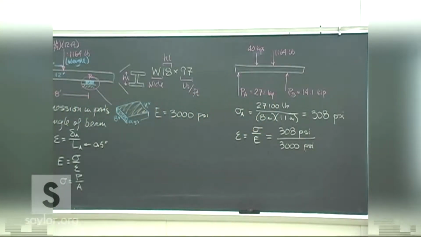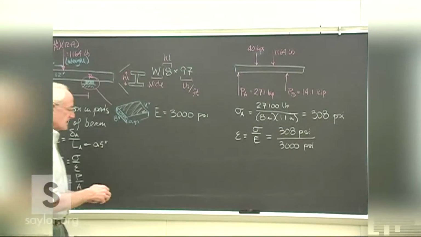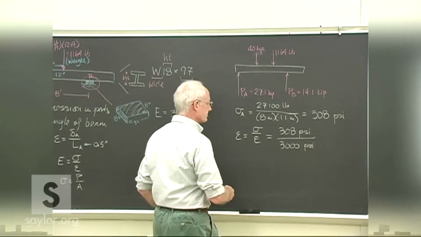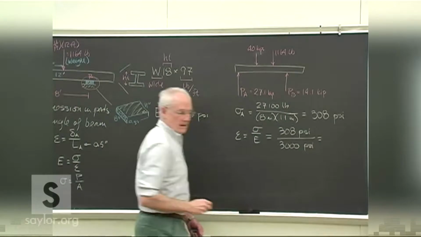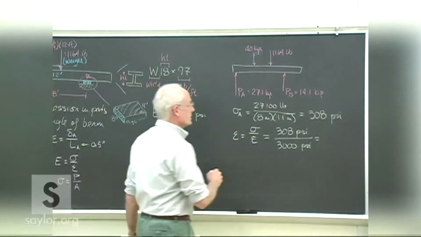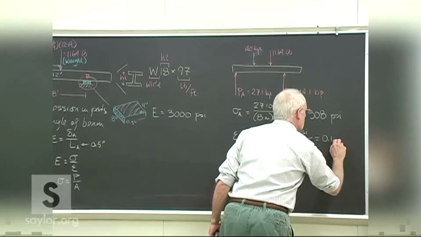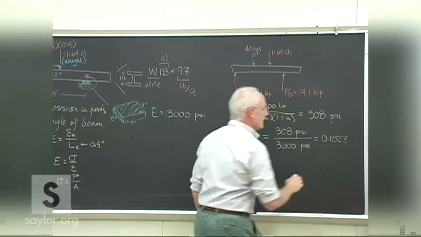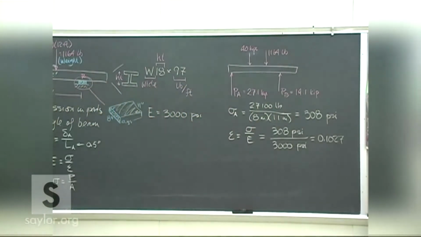Make sure you watch your units in all these problems, especially since we go through several of the levels of prefixes for the SI notation. That's a little over a tenth. 1027. It's unitless. Does that make sense?